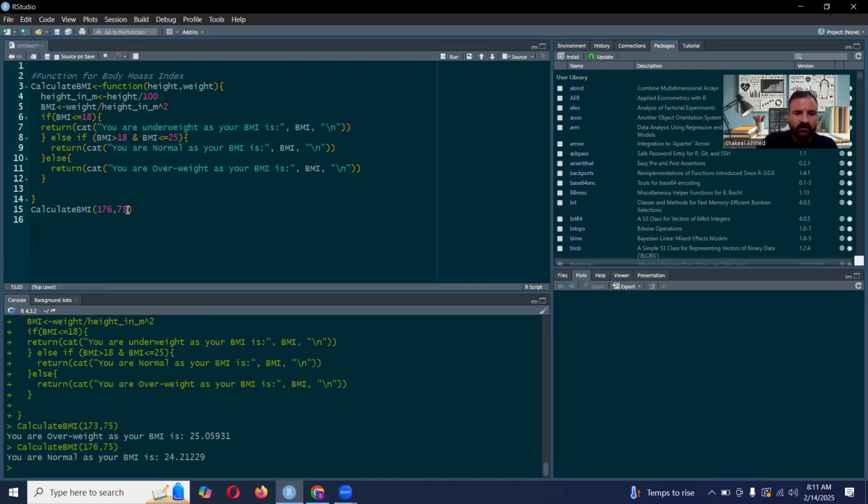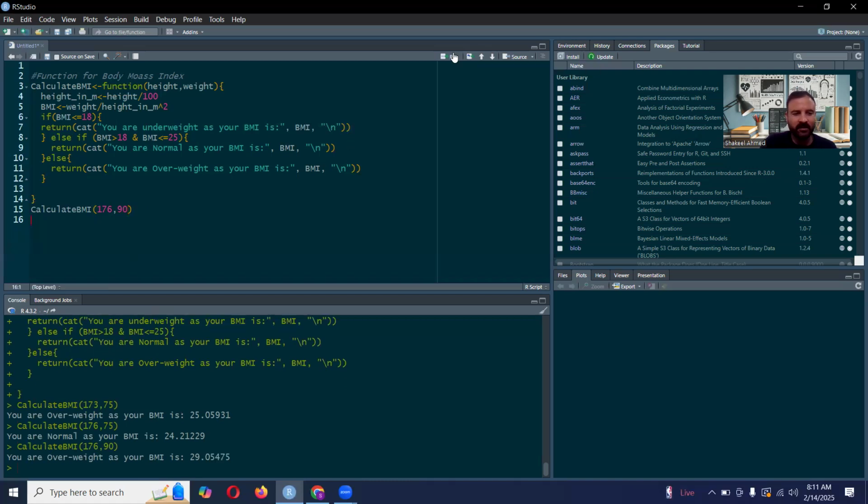And if we increase the weight, for example, the person is 90 kg, then he will be definitely overweight. You are overweight as your BMI is 29.05. So you must try some function which you have in your mind, such type of similar calculation.